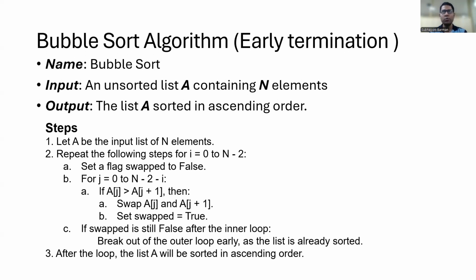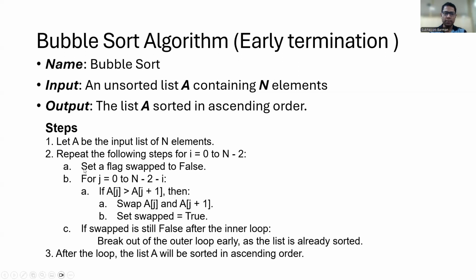In that case, it will return the result directly. In this way, we can reduce the number of iterations within my algorithm. So these two optimizations are possible in my bubble sort algorithm. This is the most optimized version of the bubble sort algorithm.